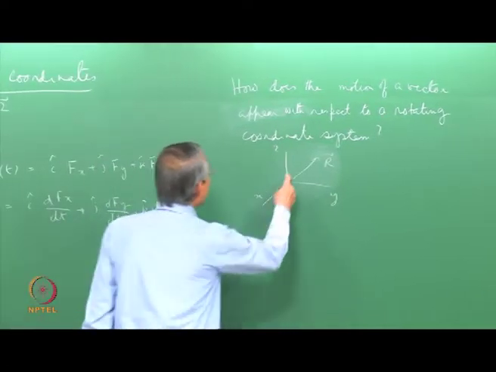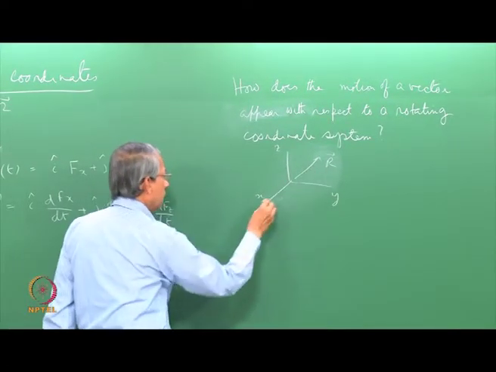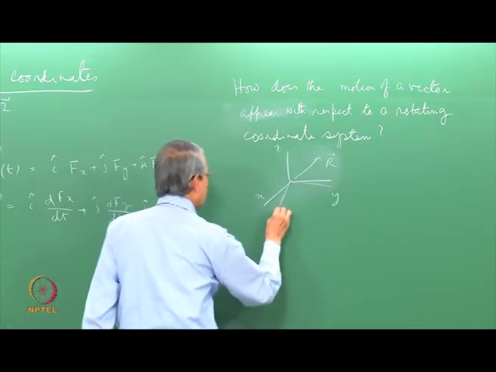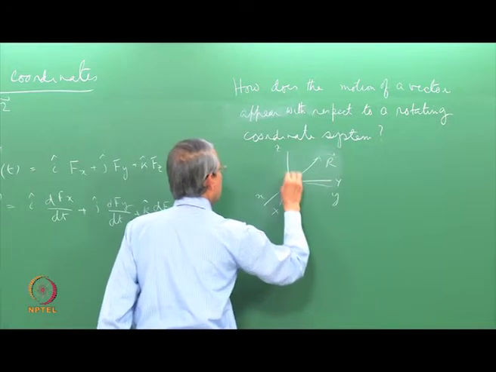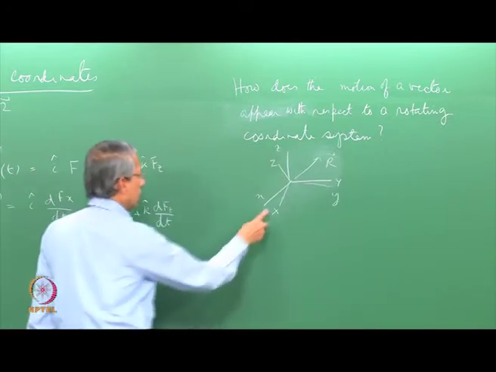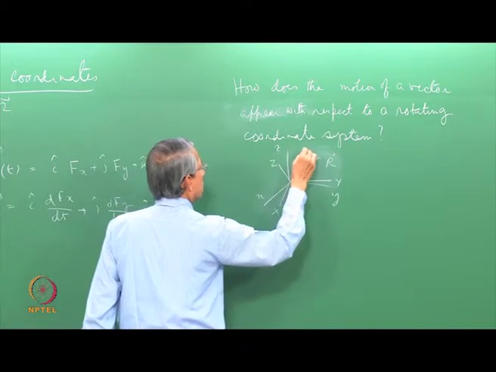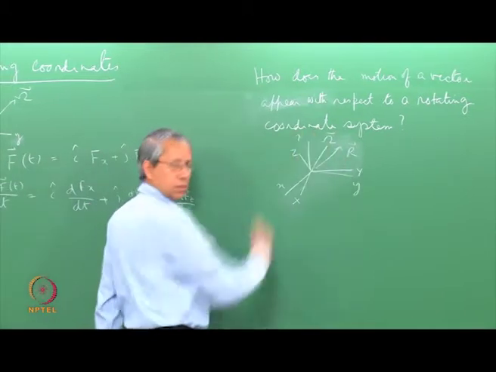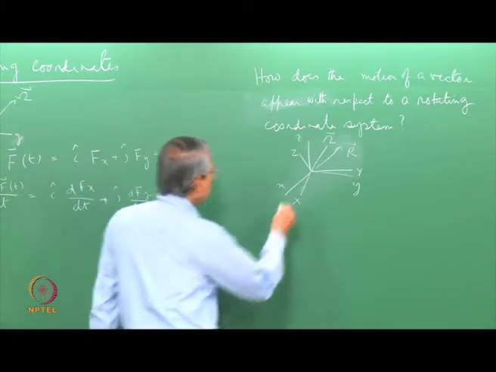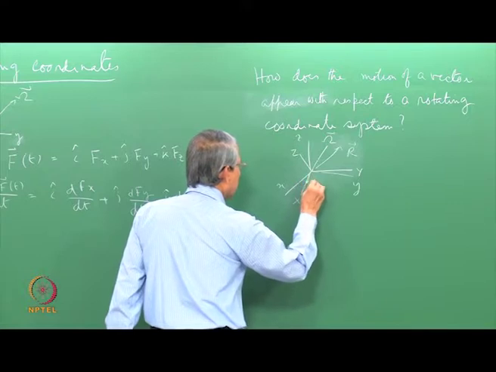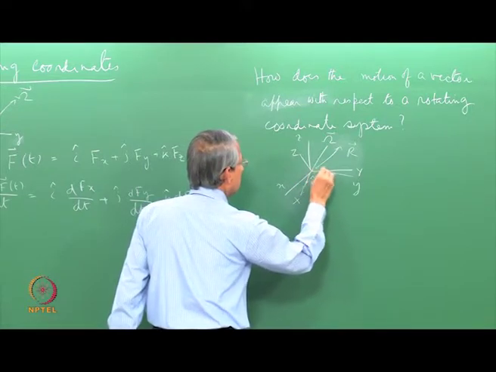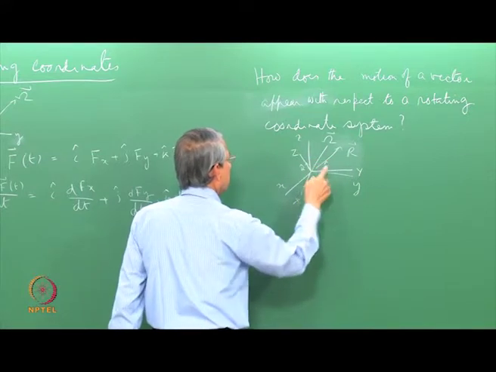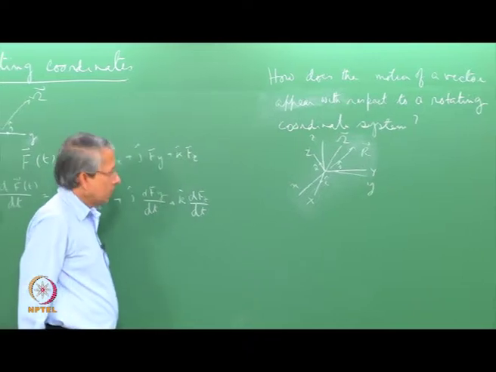Now, coming back to our rotating coordinate system, when this rotates, I have another set of coordinates, let us call it x, y and z, they are rotating with respect to a certain axis, with angular velocity vector omega. Then each of them will have its own i, j and k, and these little vectors keep on changing with time.